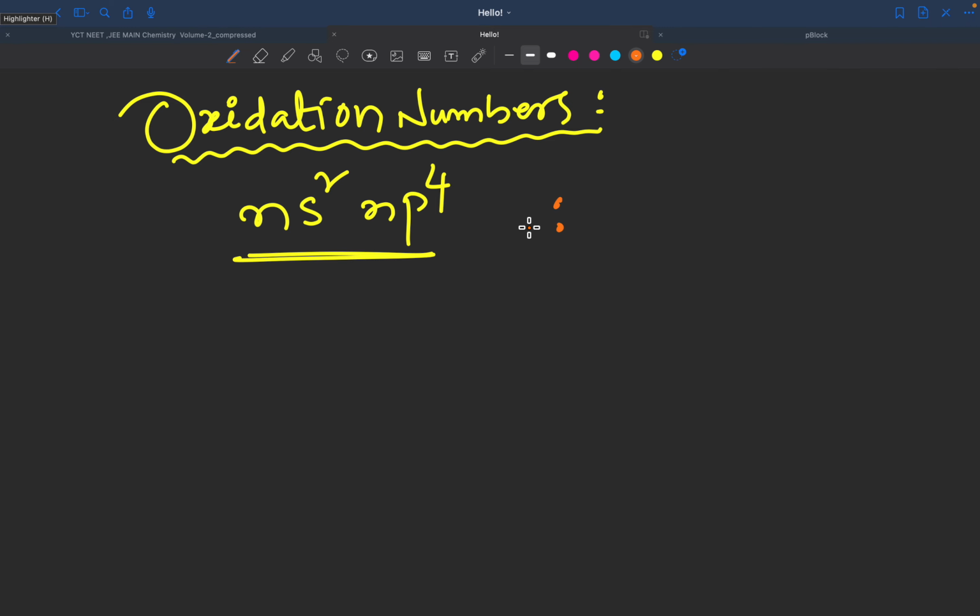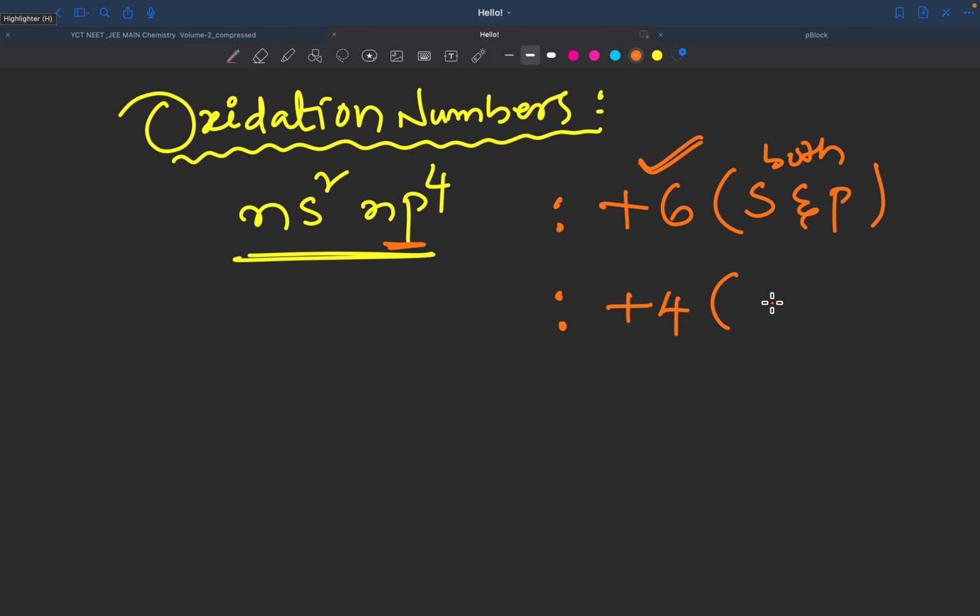If they use all electrons from the s orbital and the p orbital, they are going to show plus 6 oxidation number. Both s and p electrons are used, so plus 6 is the general oxidation number. But if they use only p electrons, not s electrons, they will exhibit plus 4 oxidation number. So these are the most general oxidation numbers.